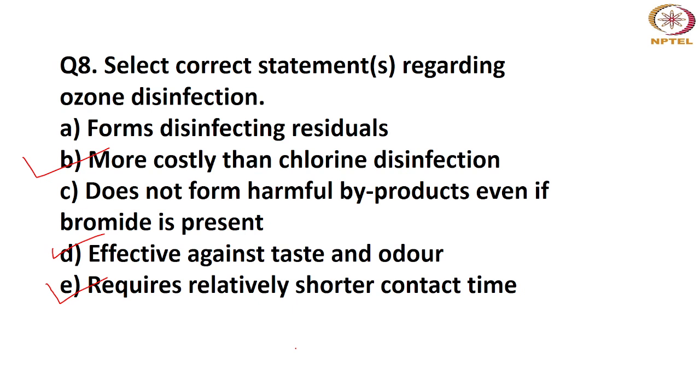In the case of bromide also, it may form some byproducts if you use chlorination. But if you use ozone, it will not form any byproduct. No other chemical will be formed, because in the water there might be various kinds of ammonia or bromide. Ammonia may not be harmful, but chloramine or chlorobromide is much more harmful or carcinogenic. It can cause cancer.